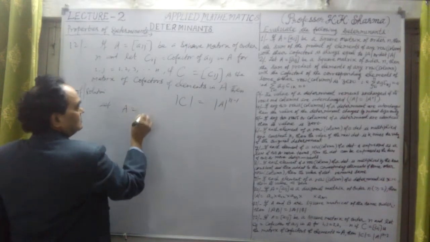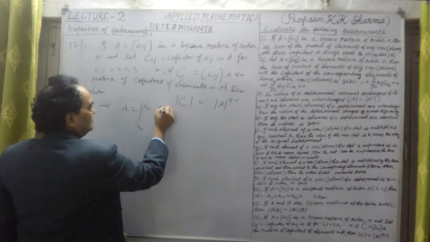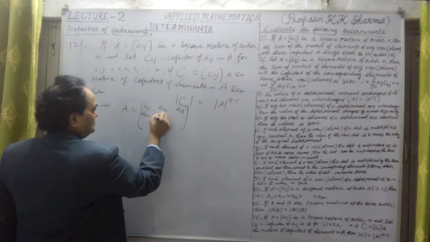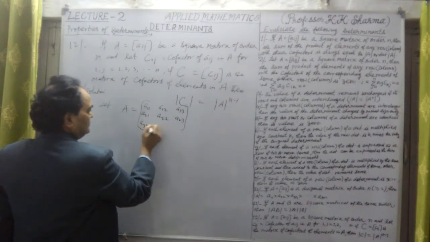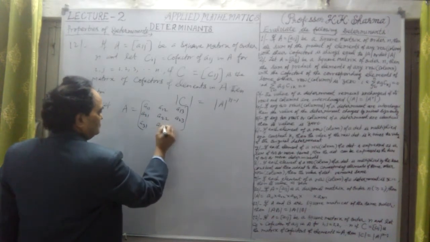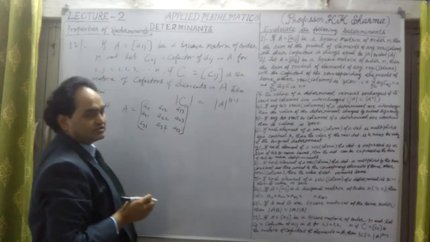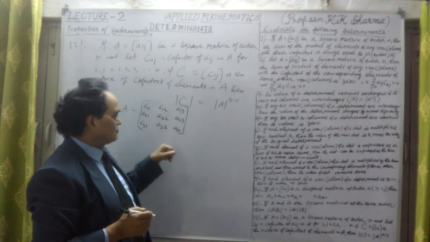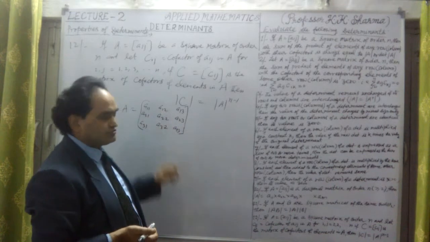Let A, the matrix, be A11, A12, A13, A21, A22, A23, A31, A32 and A33. This is your matrix of order 3, a square matrix of order 3, because the determinant is calculated for a square matrix.